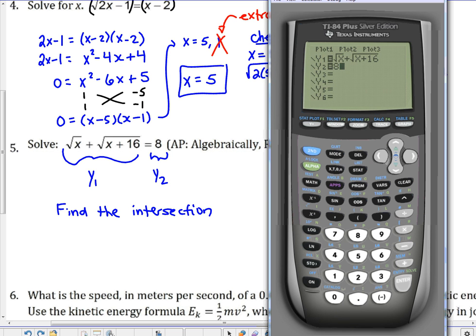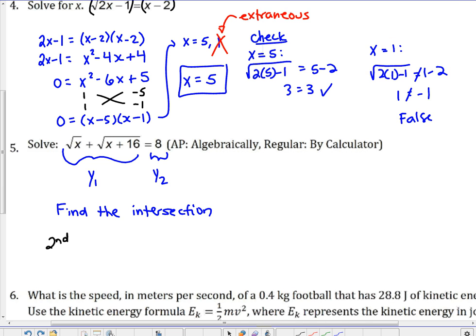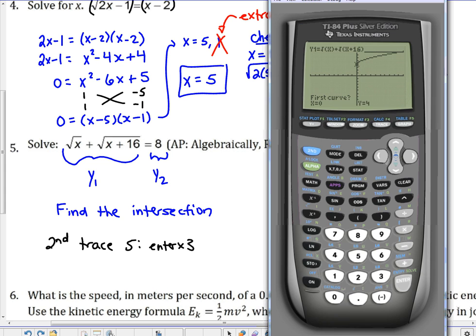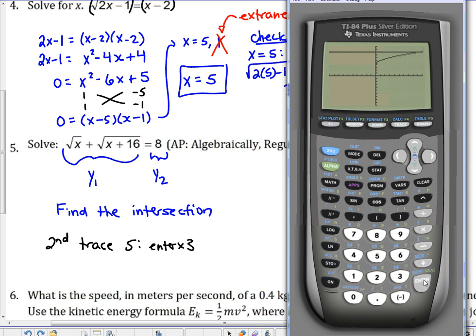I shouldn't even show you this. Okay, you might have to zoom out. I'm not sure. Let's try it. Second trace, number 5. So we're typing in second trace 5 and enter 3 times. 1, 2, 3.